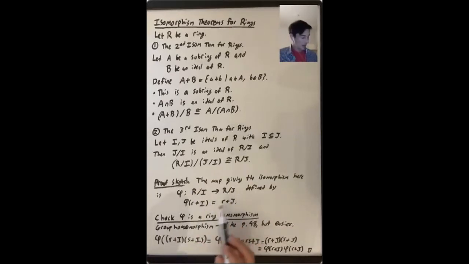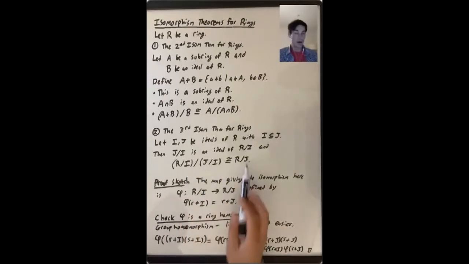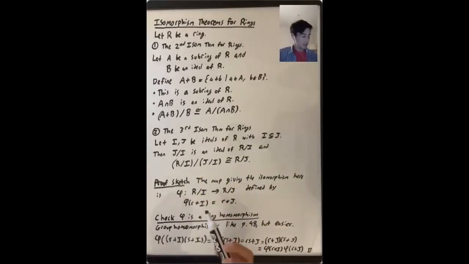What we need for this part of the theorem to hold is to apply the first isomorphism theorem: if this map is surjective and the kernel is the ideal J modulo I, then we'll be done. Okay, so we first have to check that this actually is a ring homomorphism.